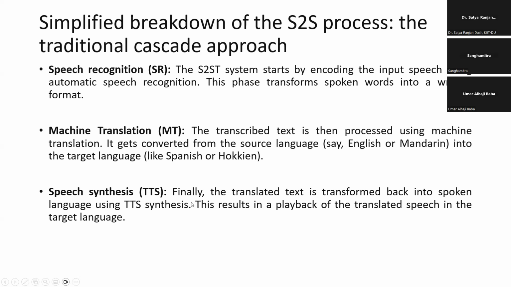Here, the input will be the text in the target language and the output will be the speech in the target language. The main function is to translate the text back into the spoken language using text-to-speech synthesis. These systems are expected to generate spoken language that should sound natural, not robotic. It should be capable of maintaining the correct pronunciation, intonation and accent.